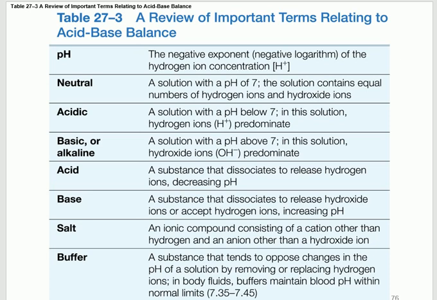Any anion with any cation, when they react, we call that salt, with the exception of hydrogen and the hydroxide ion. A buffer is a substance that can remove or release hydrogen. What can release hydrogen? What do you call it? Release. That's it. Just release.